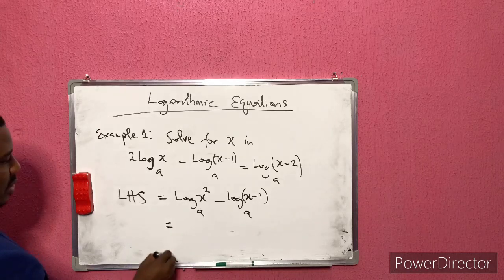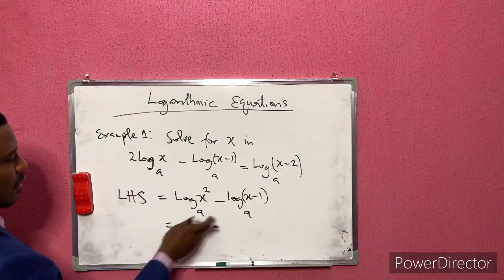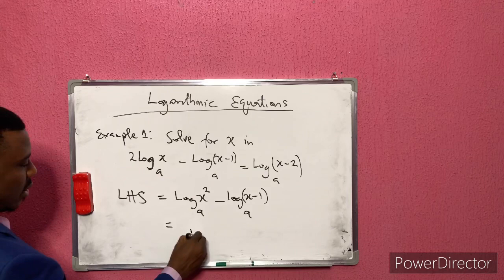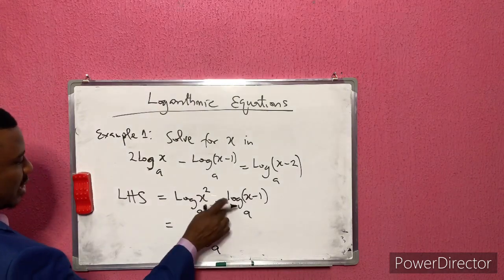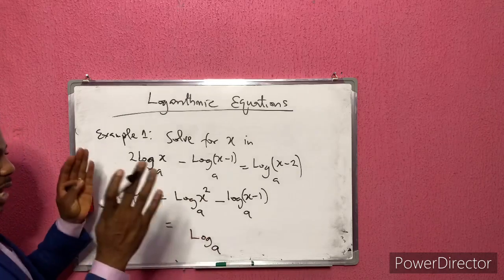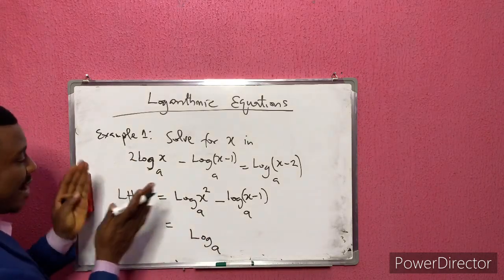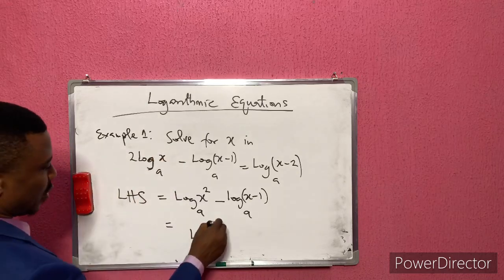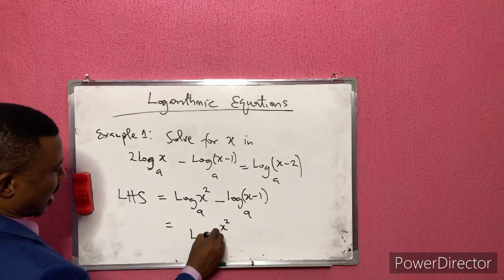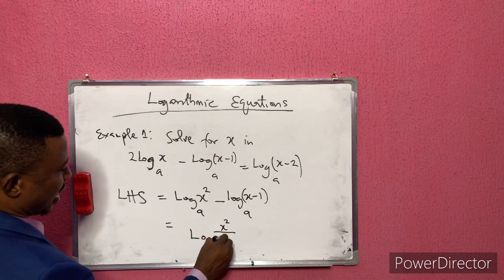This will give us, obeying the second law, base a. Since it is minus, we divide the powers. If it's plus, we multiply the powers. You have log x squared over x minus 1.